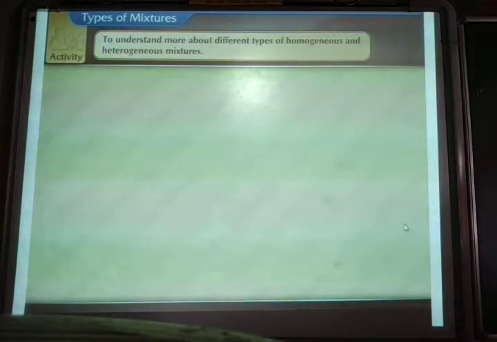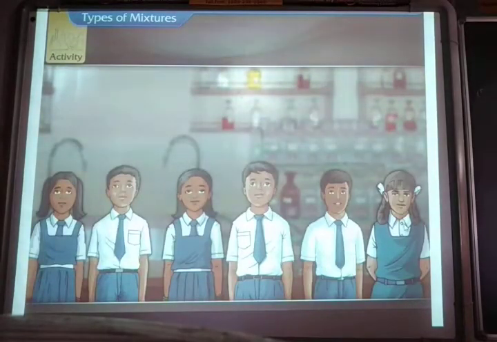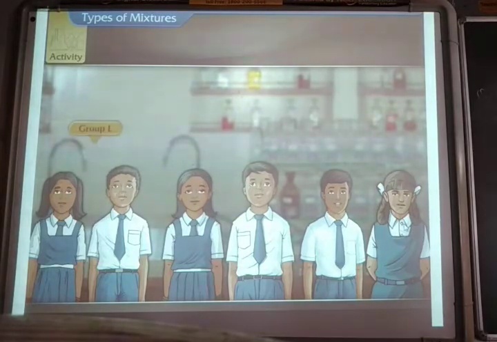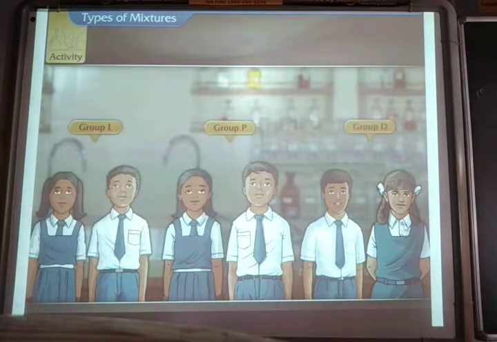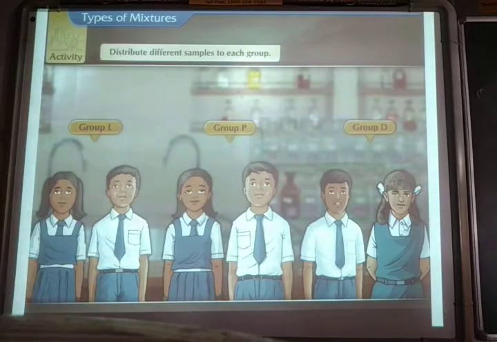Let us perform an activity to understand more about different types of homogeneous and heterogeneous mixtures. Make 3 groups of 2 students each. Name them as Group L, Group P and Group D. Distribute different samples to each group.